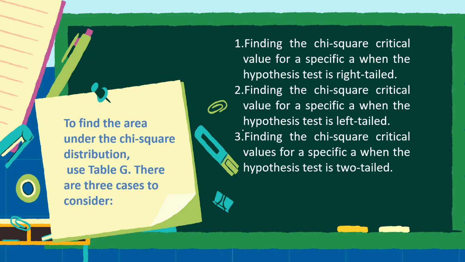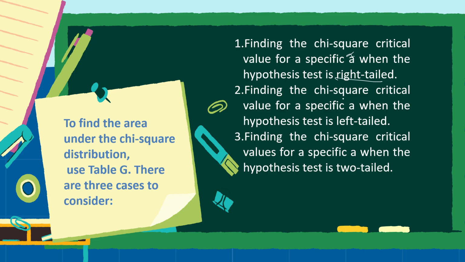So next, to find the area under the chi-square distribution, use table G. I'll be presenting table G later. There are three cases to be considered. First is finding the chi-square critical value for a specific alpha when the hypothesis test is right-tailed.